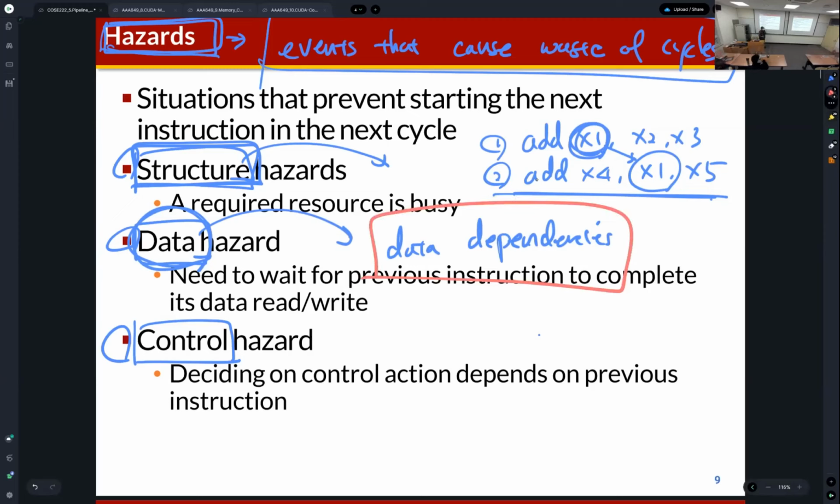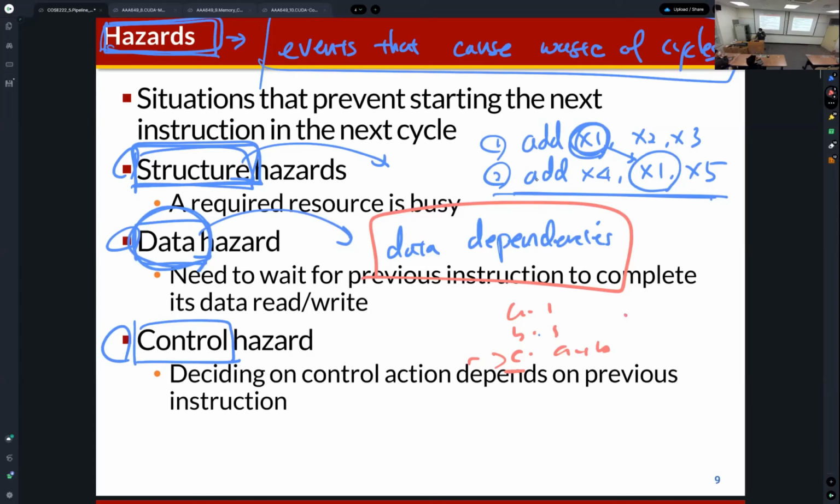Because when you write a program, like A equal 1, B equal 2, and then C equal A plus B, the following statement requires the data from the former instruction.